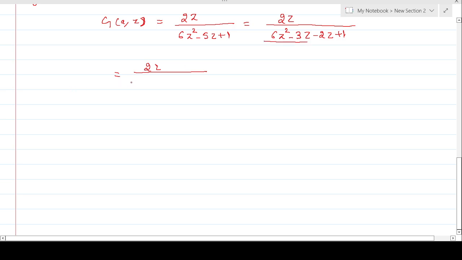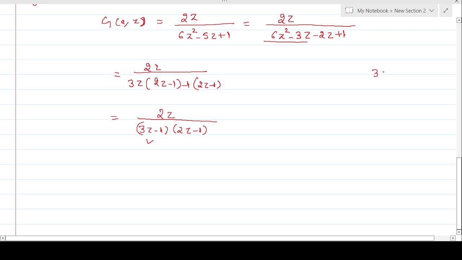We can take 3z common, it is 2z minus 1. Take minus 1 common, it is 2z minus 1. So it is 2z upon 3z minus 1 and 2z minus 1.